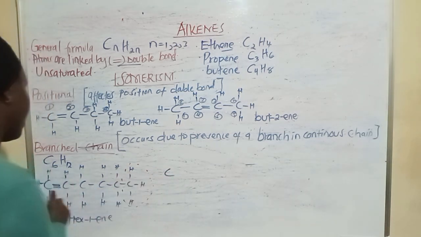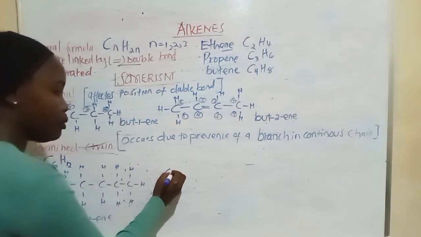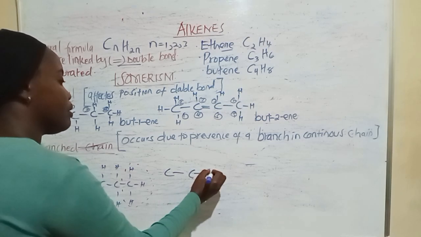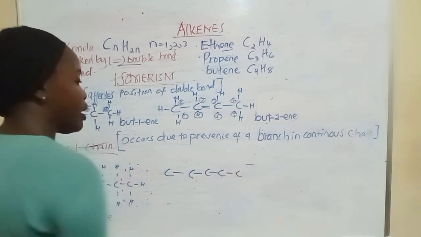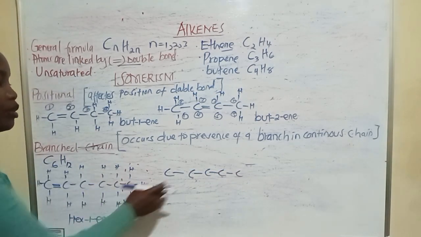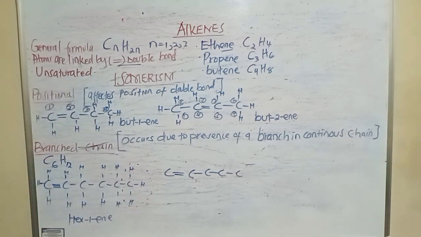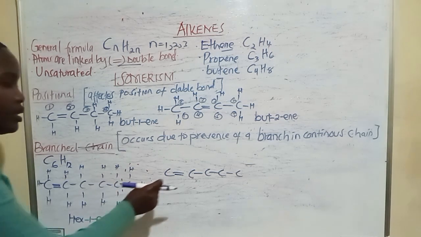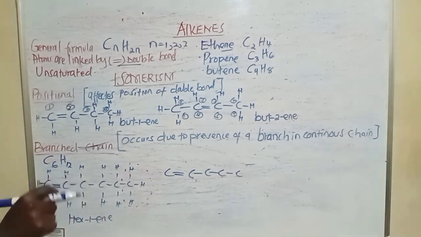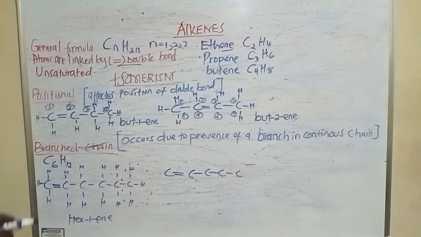So we're going to draw 1, 2, 3, 4, 5 carbon atoms. We're going to take our methyl group, and so our double bond is there, and we're going to place our methyl group somewhere along there.